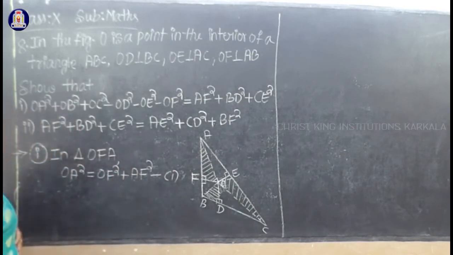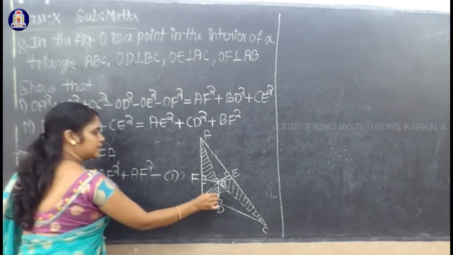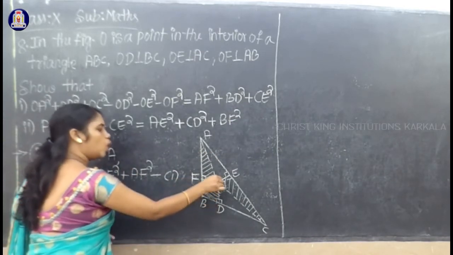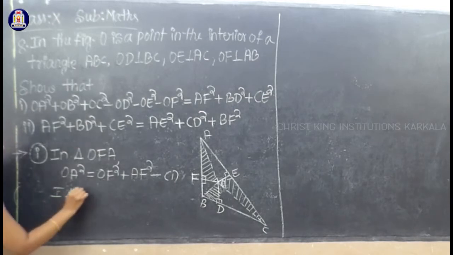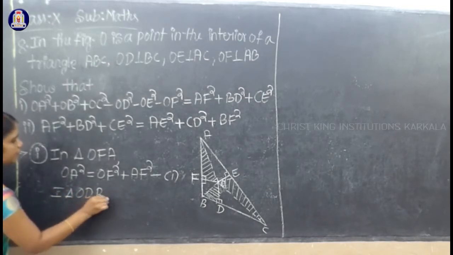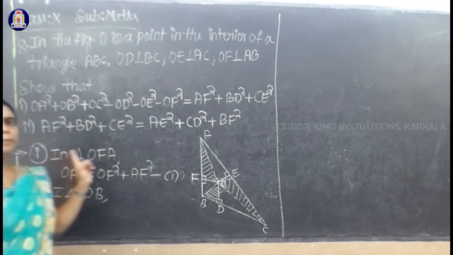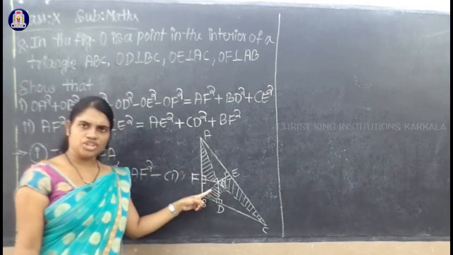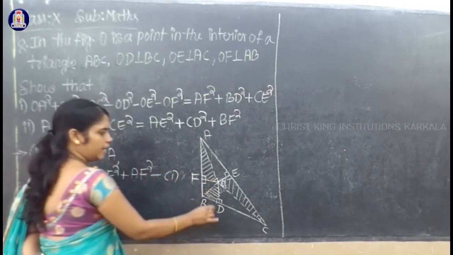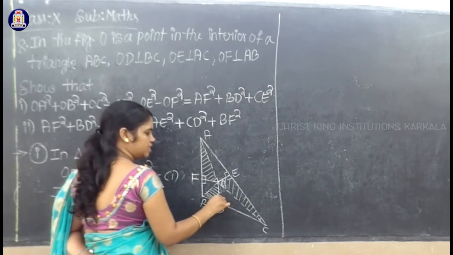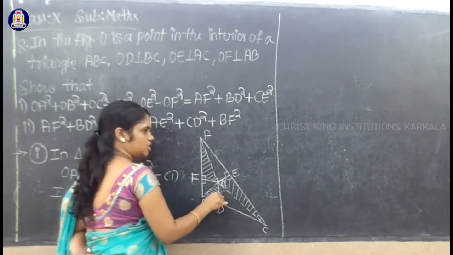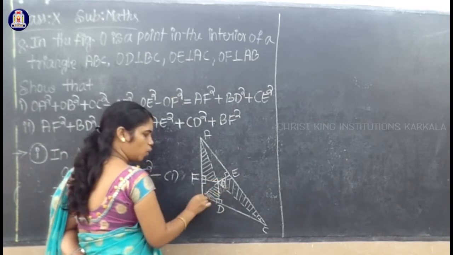Now I will consider another shaded triangle, that is ODB. In triangle ODB, again I will apply the Pythagoras theorem to this shaded triangle. At point D you have 90 degrees. So which side is the hypotenuse here? The side opposite to this 90 degrees, that is OB, isn't it?